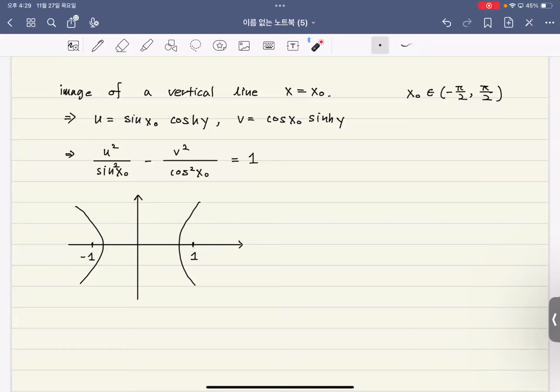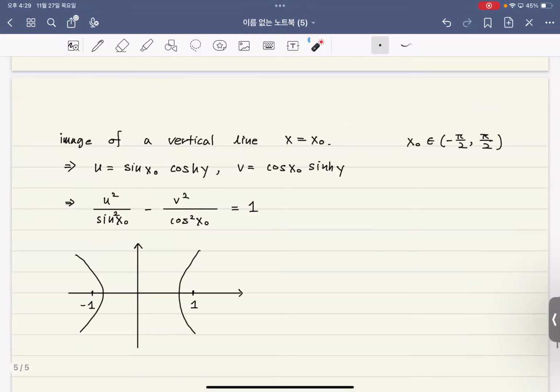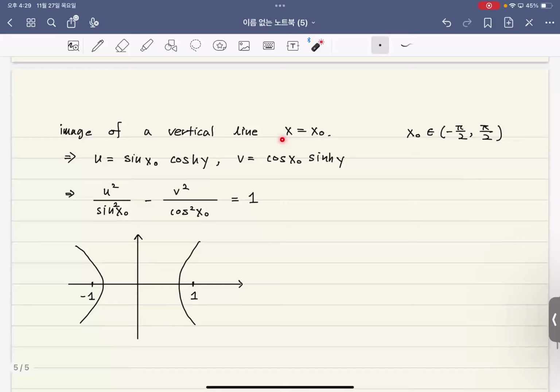Okay, but something is not right. Since we are talking about the image of this vertical line, actually I should say just one side, not both. We have two connected components, two curves, and only one of them must be the image, right?